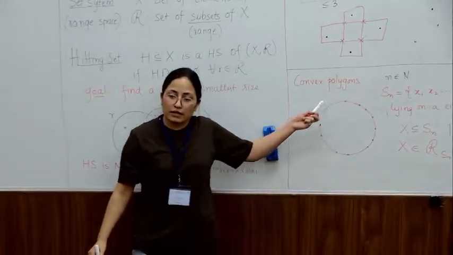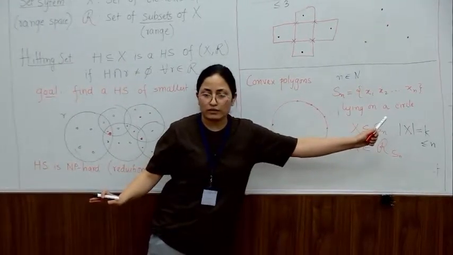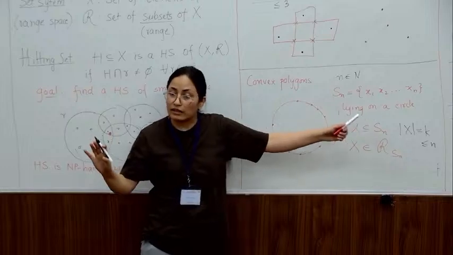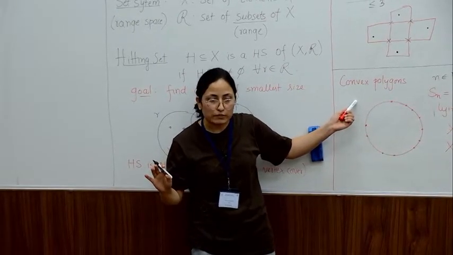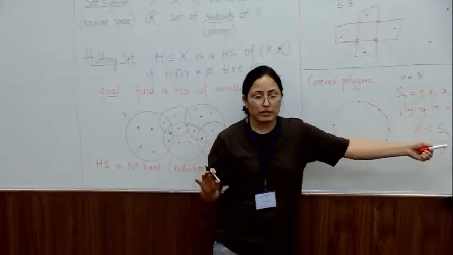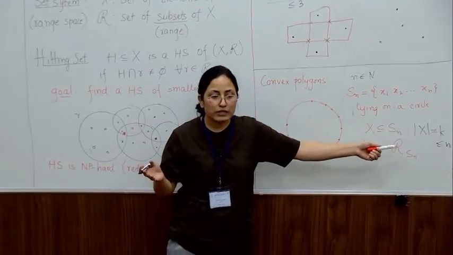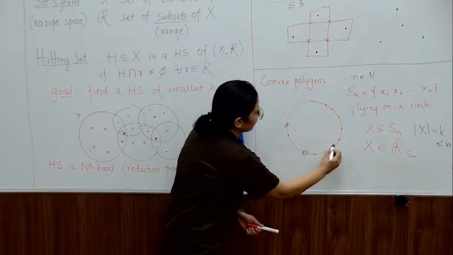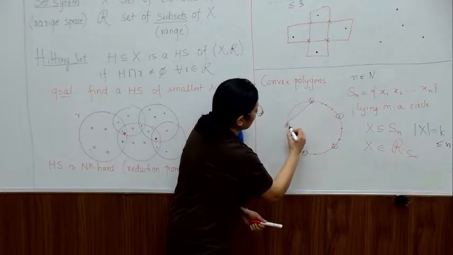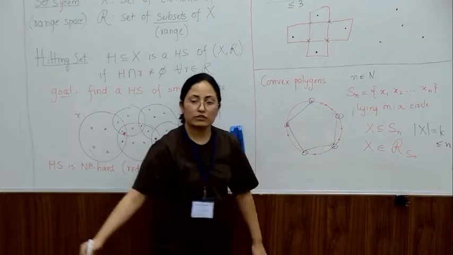Suppose the size is equal to k, say 4 or 5, then I can have a 5-sided convex polygon from the range space which will only intersect those 5 points. It won't intersect the remaining points.